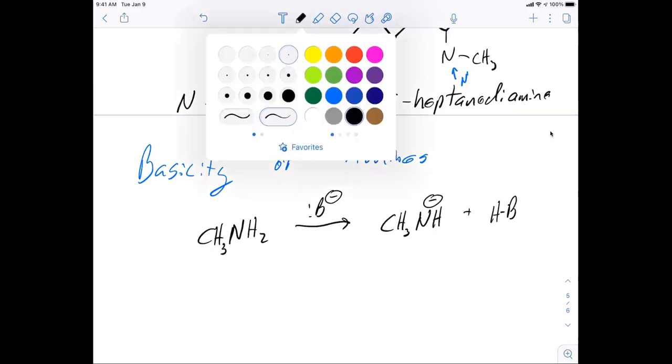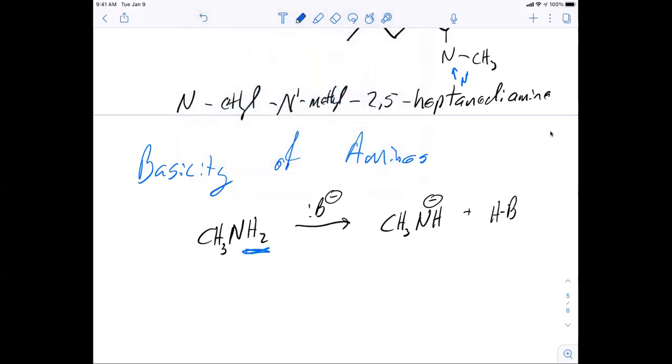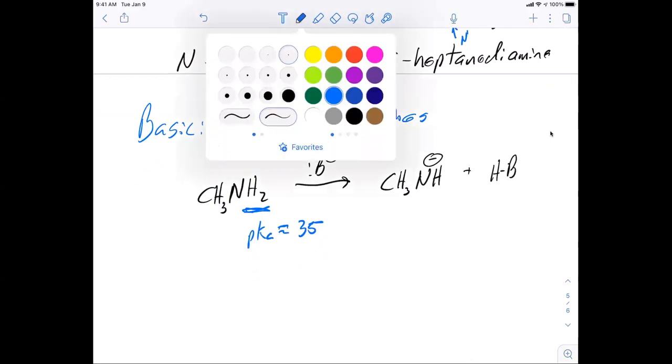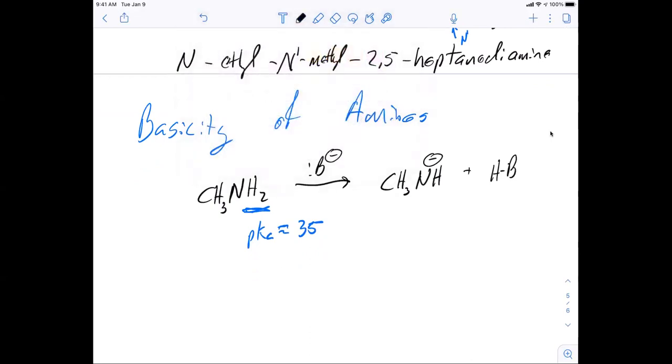We know that the pKa of the amine here is around 35, 36. But more importantly, it is not the basicity of extraction of that proton, but what happens if the nitrogen is used as a base.